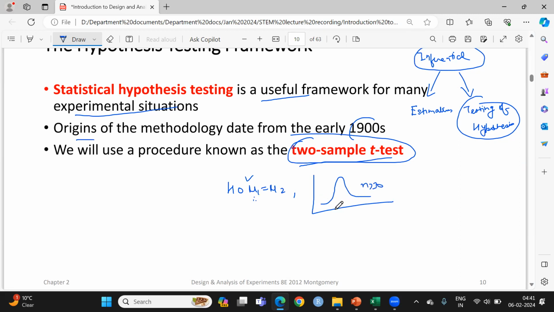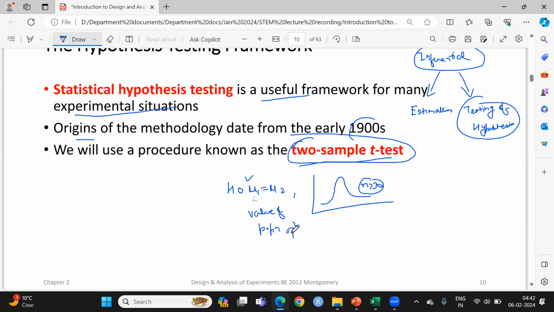If the shape is a bell curve and we have more than 30 observations, then we have one more piece of information: the value of the population parameter sigma square is given to us.